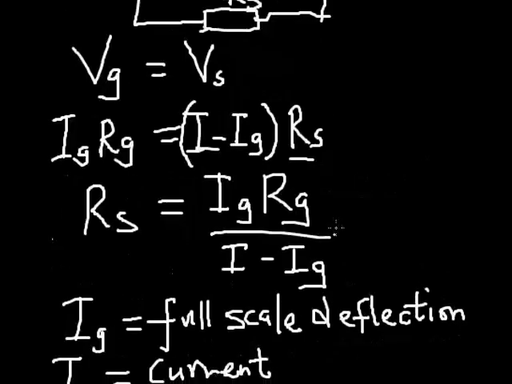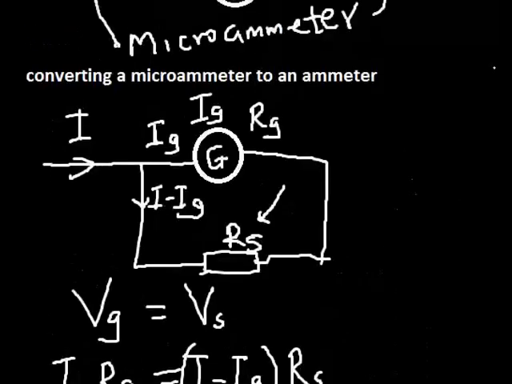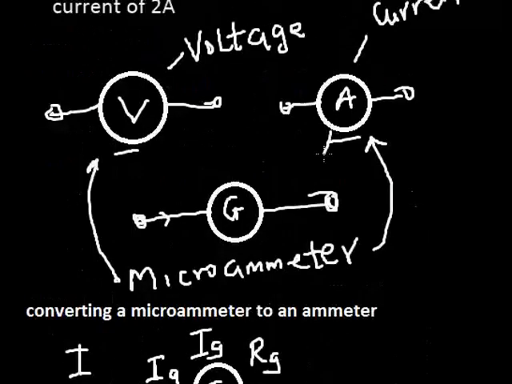All right, so please take note of that. So take note of this formula. That's how we can construct an ammeter from a galvanometer or microammeter.